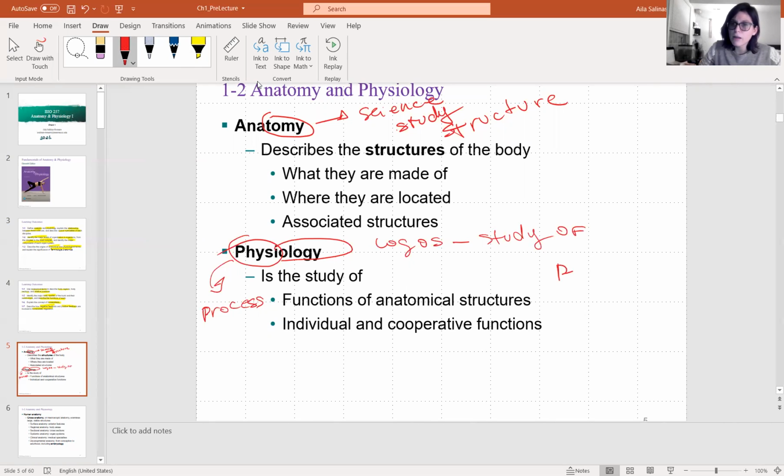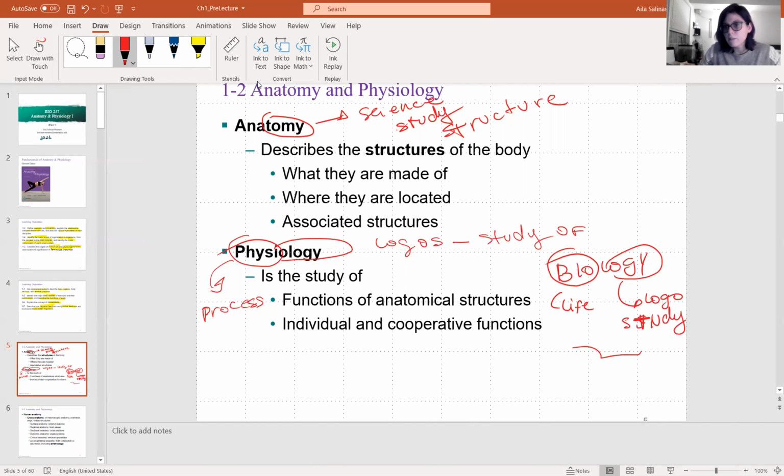So when you see biology, bio is life, and log comes from the logos, that is study. So we know that biology is the study of life, and physiology is the study of these processes.